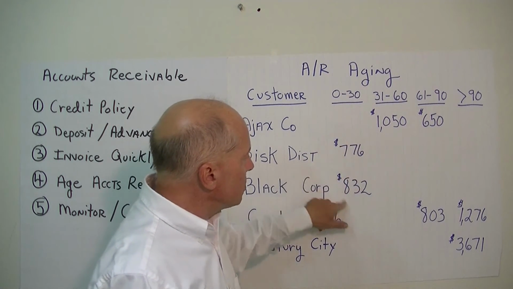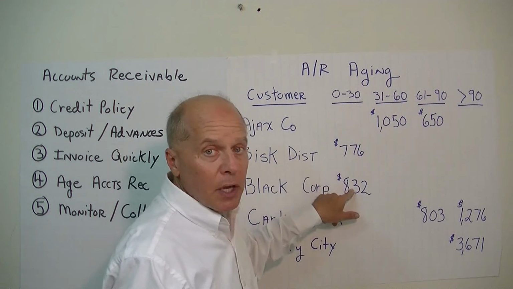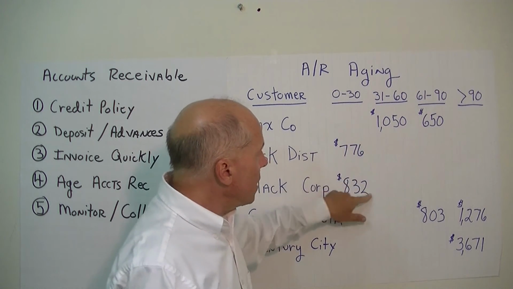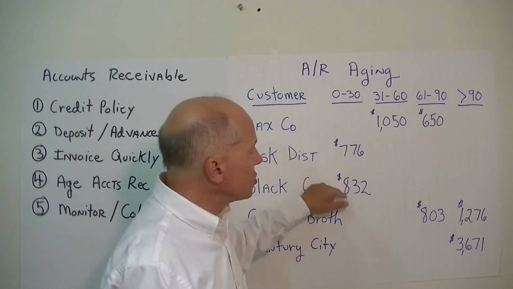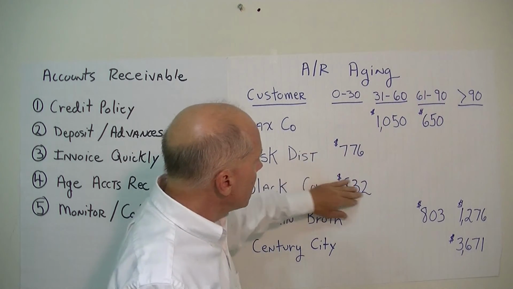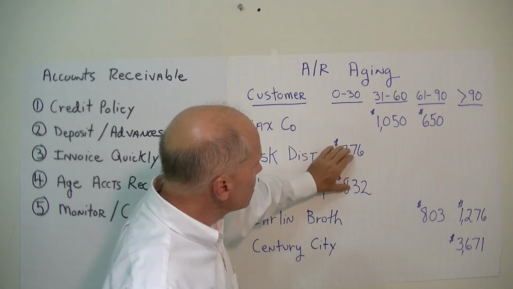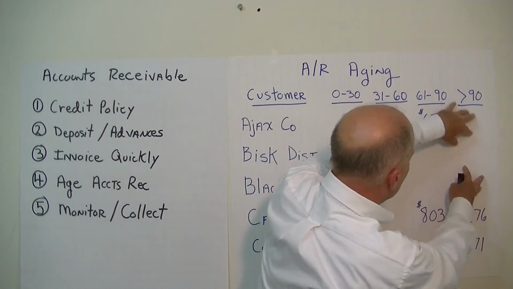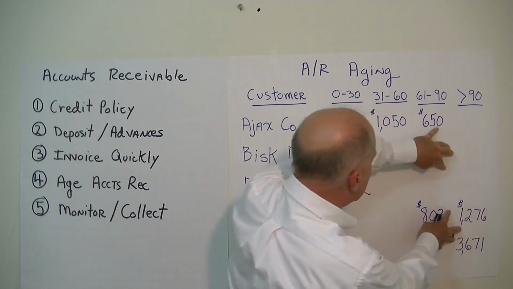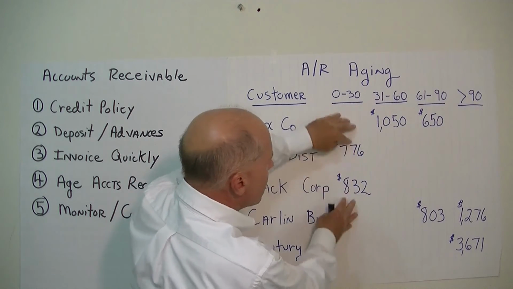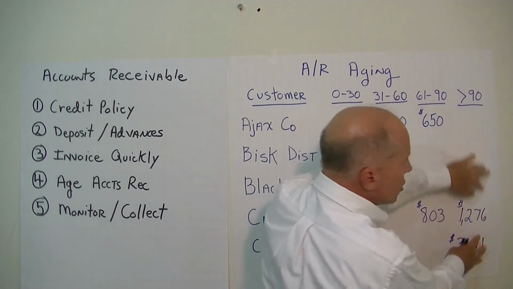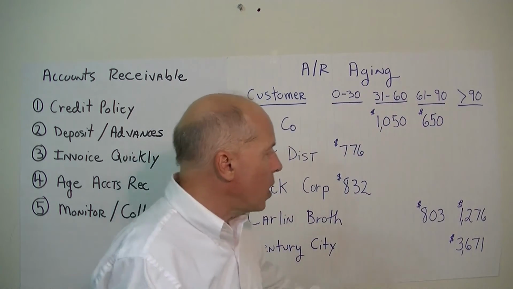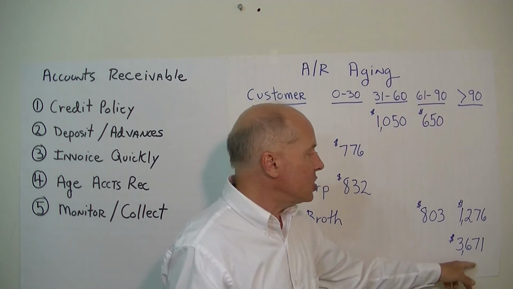So for these customers, if they do pay you earlier, for example, you may want to do a little bit of a goodwill gesture and give them a little bit of a discount to keep them current. This is what we want to see. We want to see very little off to the right and as much over here as possible. And the more it gets skewed over here, the more you're in trouble with collecting cash and turning your receivables into cash.